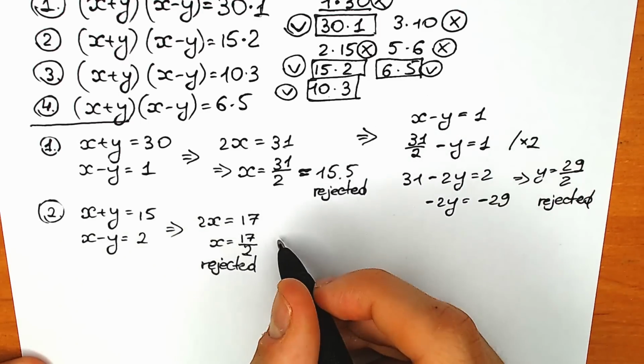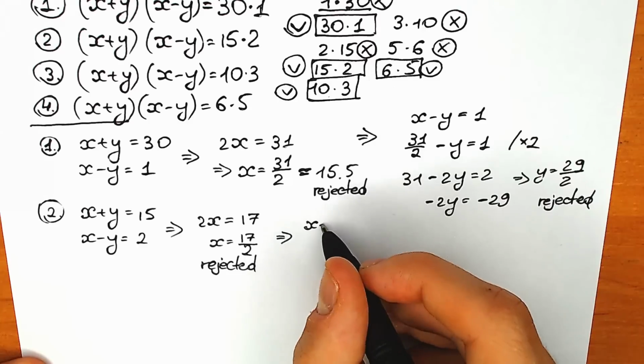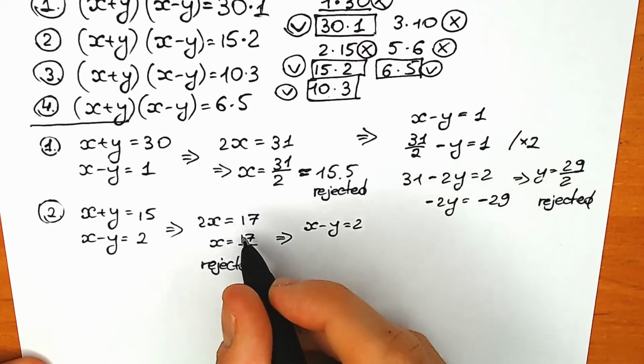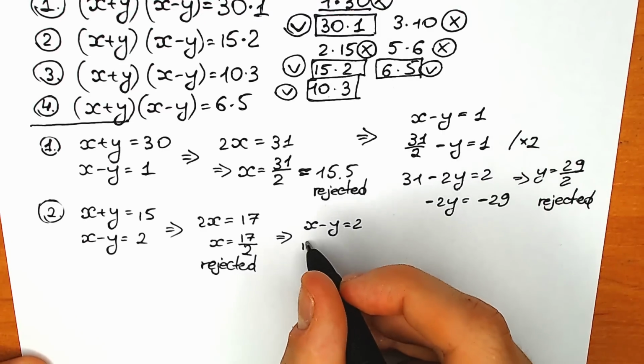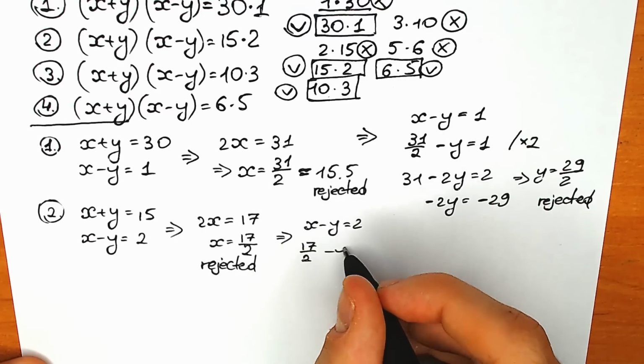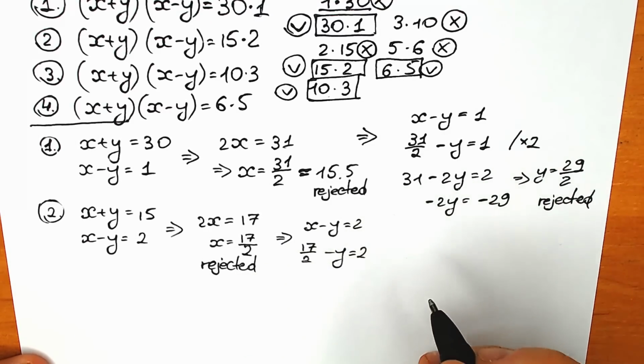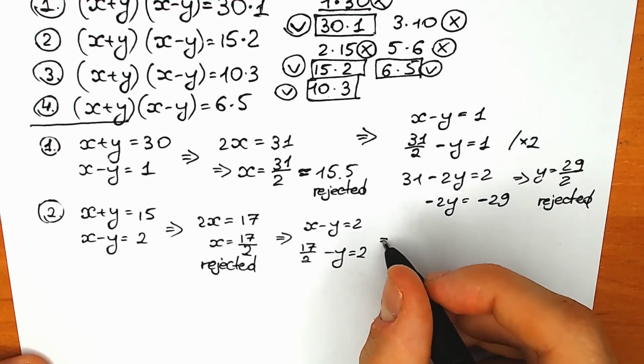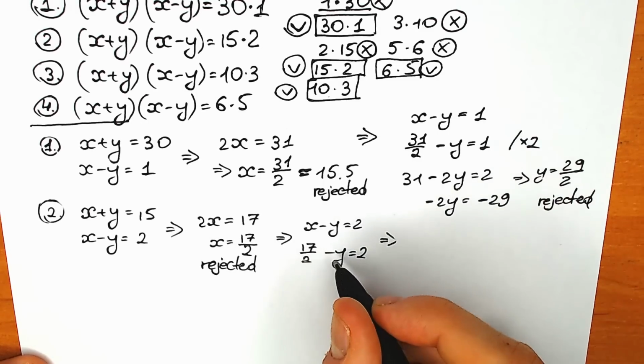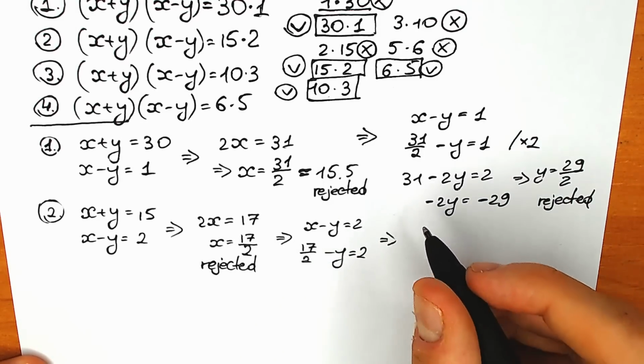So x minus y equal to 2. Let's plug in this x and we will find our y. So 17 over 2 minus y equal to 2, multiplying both sides by 2. From here, what do we have? 17 minus 2y equal to 4.